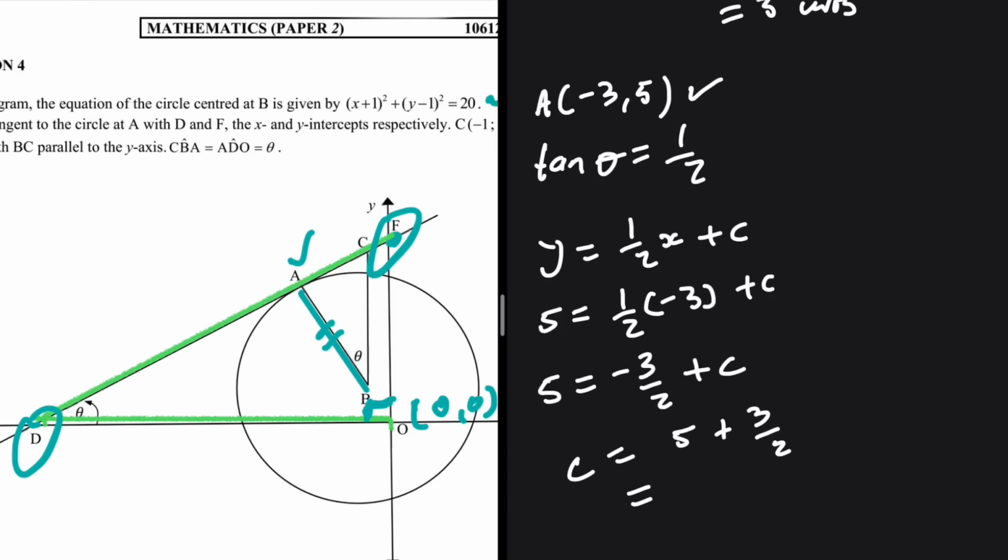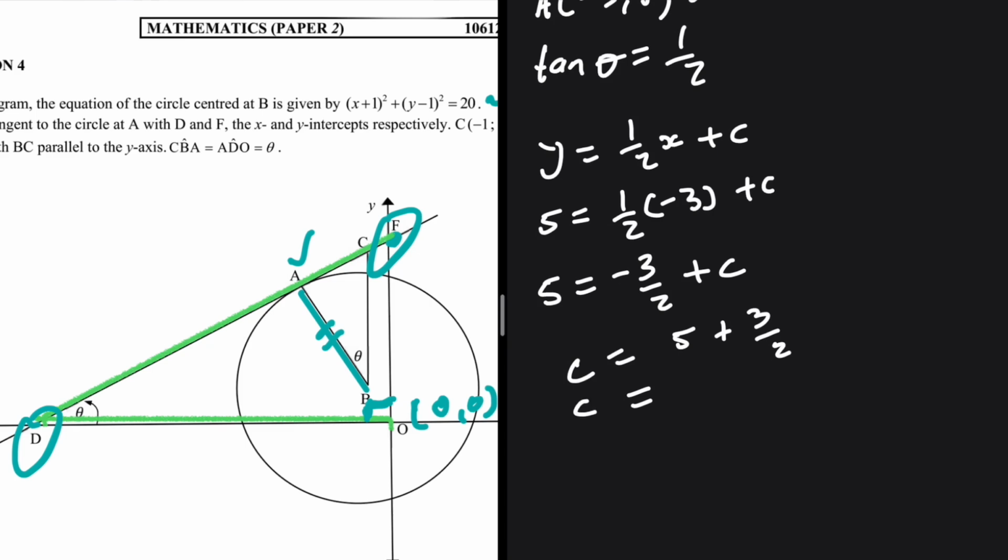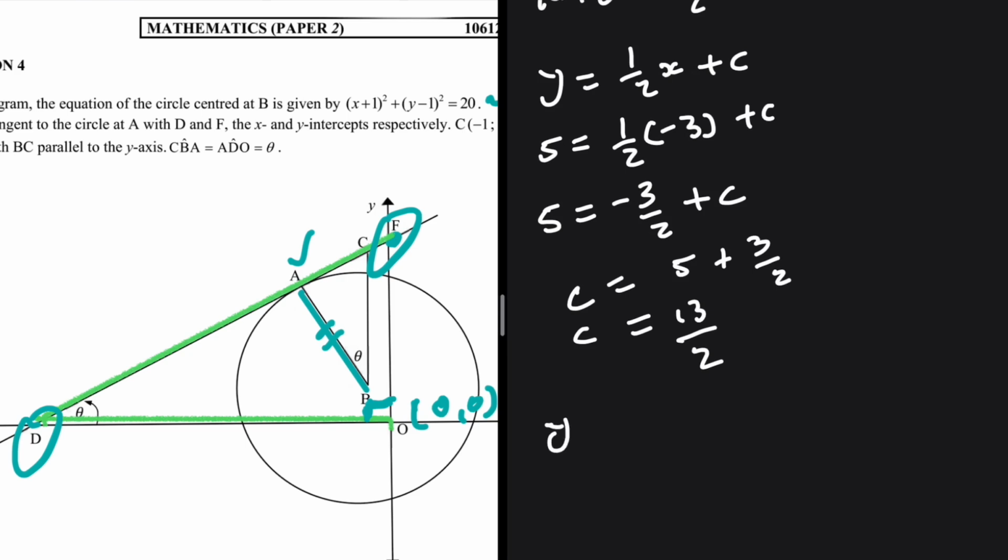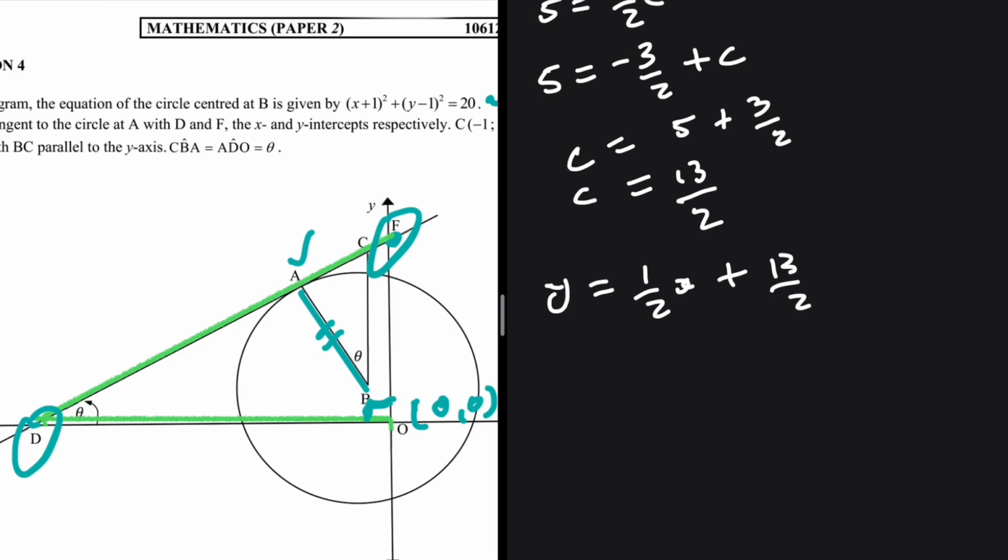So 5 plus 1.5 is 6.5, which we can write in the form 13/2. Yeah, that is way much better. So y is equal to a half x plus 13/2. So we can go ahead and find the coordinates of D and F, because they are our intercepts as we are told in the equation.